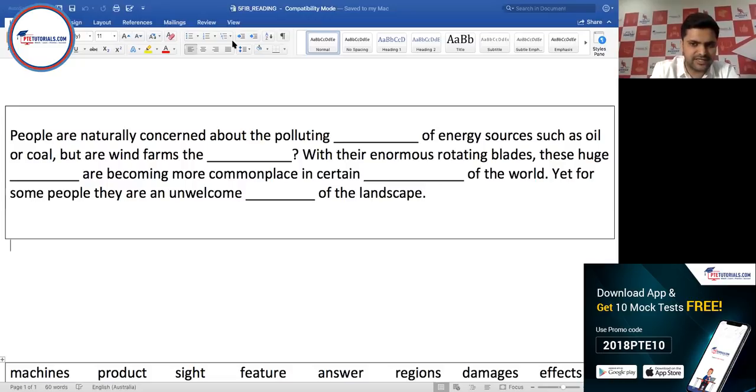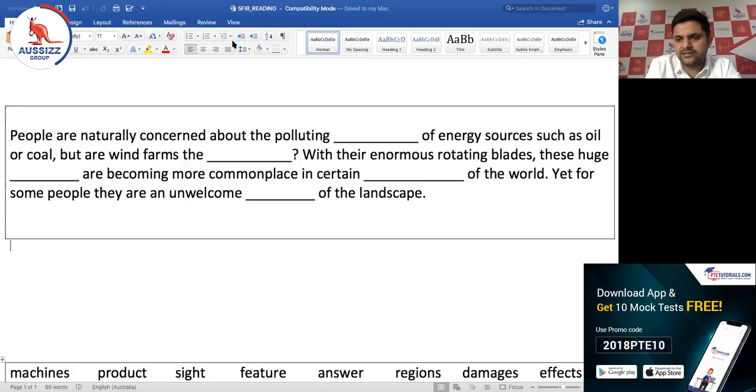Just skimming this once gives you an idea that you are reading about the concerns of pollution and about energy sources such as oil or coal.